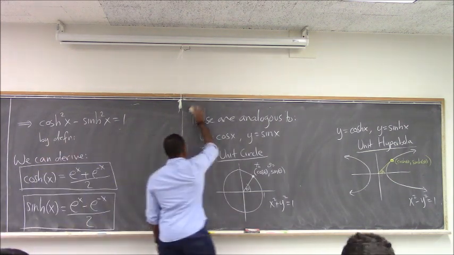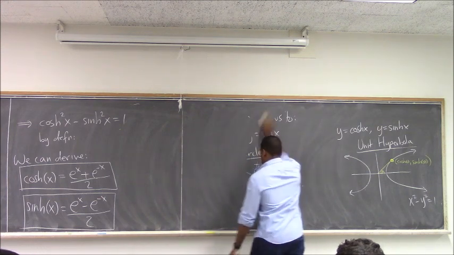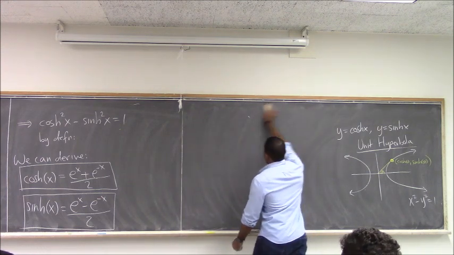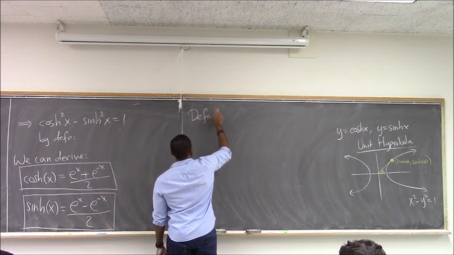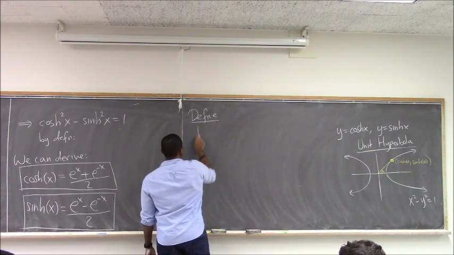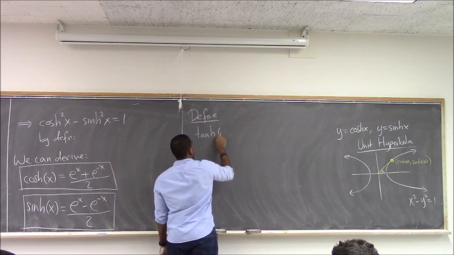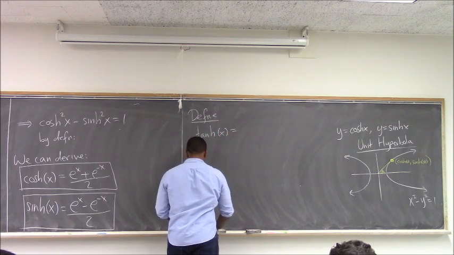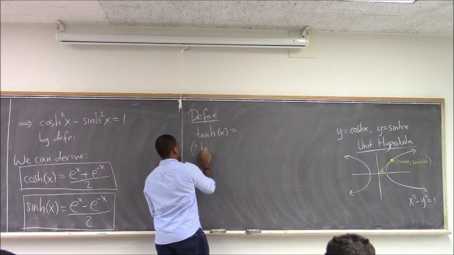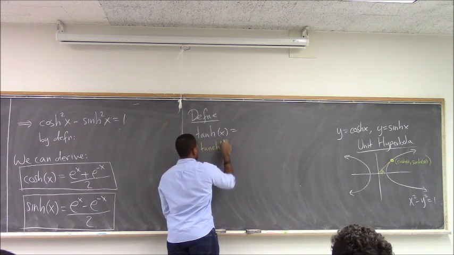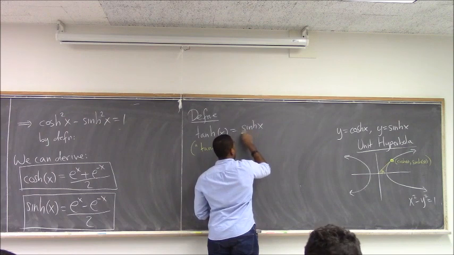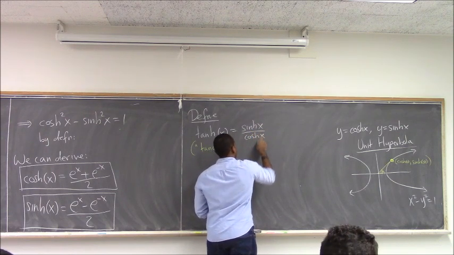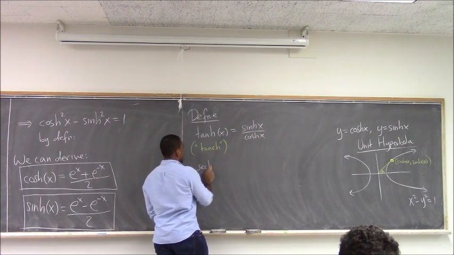You can also define the other hyperbolic trig functions. So we can define what's called the tanh. And so that's pronounced tanh. And just like you would expect, it's sinh over cosh. You can define the hyperbolic secant.